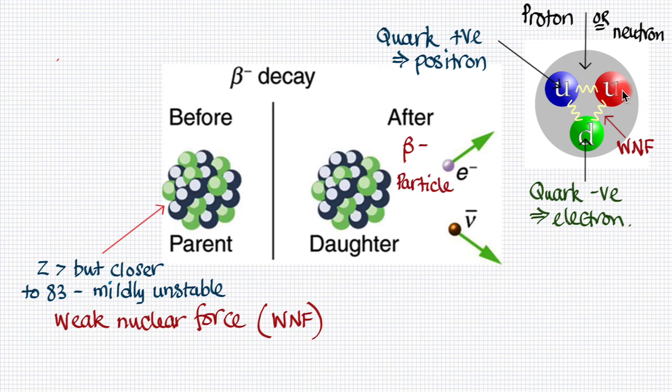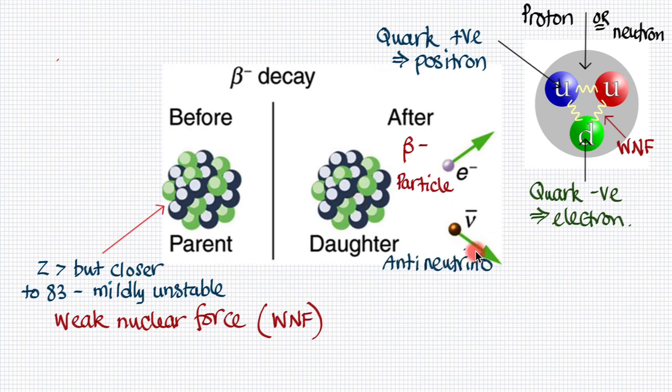So when we have beta decay, what happens is an electron is released from a neutron, and that means the quark that's released is negative. So this leaves the actual daughter nucleus with an extra proton number, because all of a sudden now that neutron has become a proton.